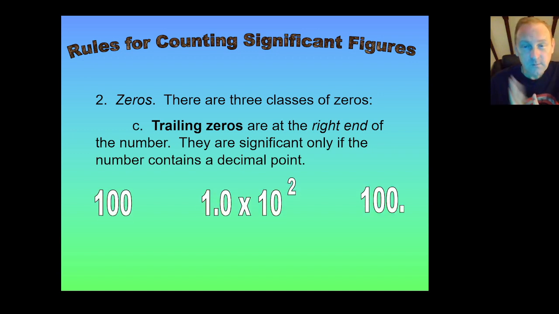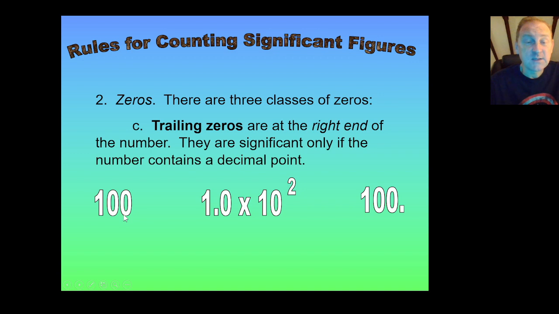So, trailing zeros are the zeros to the right of a non-zero integer. So here we have 2 trailing zeros. They are significant only if the number contains a decimal place. So in this number 100, there's no decimal place, and therefore it has only one significant figure.